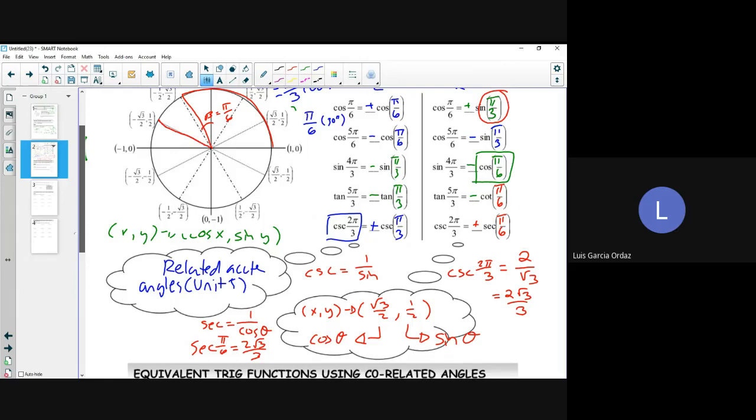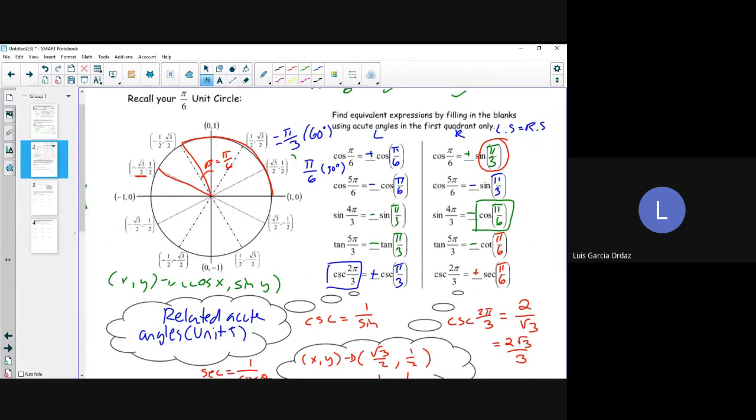Because cos is associated with the x value in the unit circle, what is our ratio for cos of 5 pi over 6? What's the x value? Negative root 3 over 2. Okay, perfect. So what would our correlated acute angle be? Pi over 3. So now we're going to look at pi over 3.